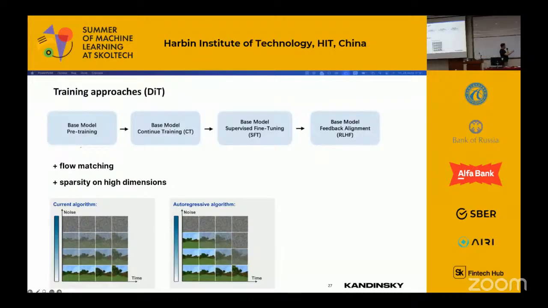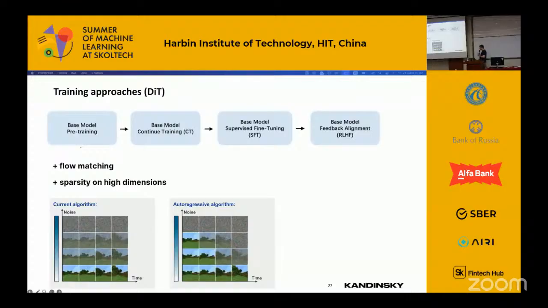So all steps of this process are important. I showed the importance of the RLHF process when we talked about C-dense and how it increases the video quality. That's really important.